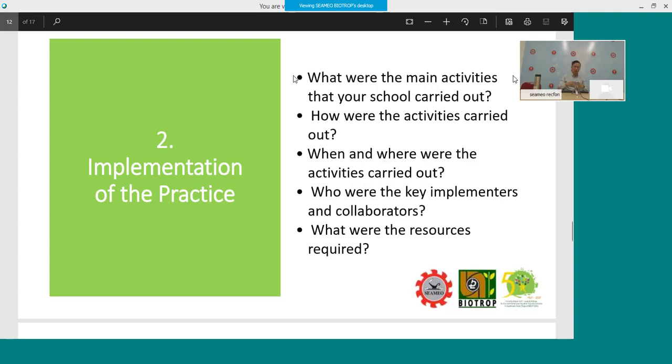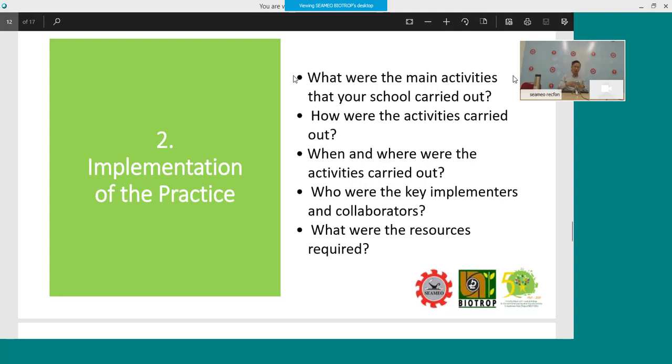And then who were the key implementers and collaborators? So of course, either you involve all the levels, the grades in your school, or maybe only the first grade or second grade, or the teachers or whoever are the main players, initiators in the practice. And what are the resources required?